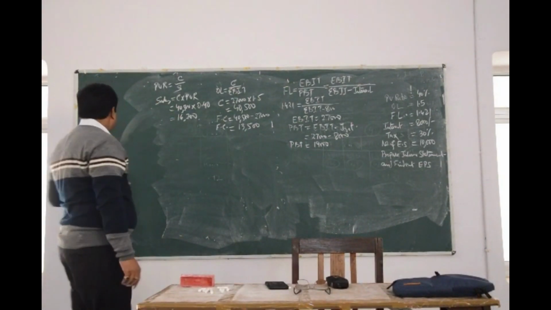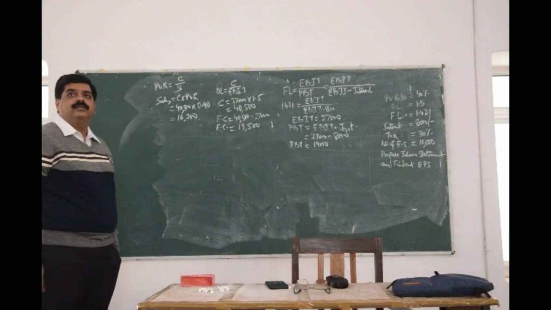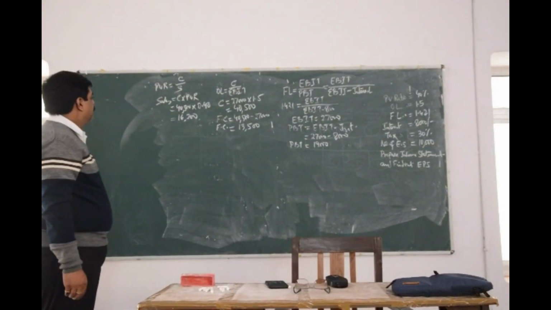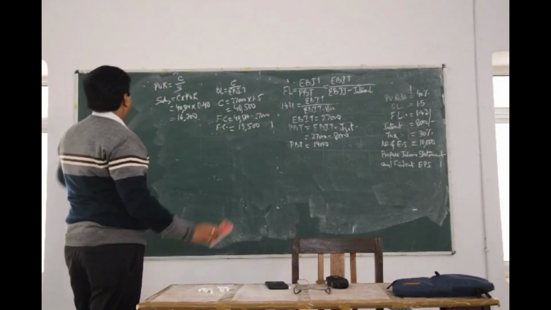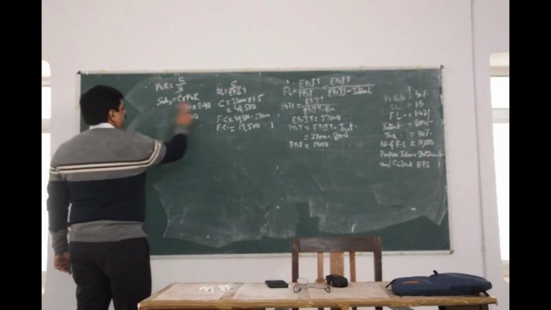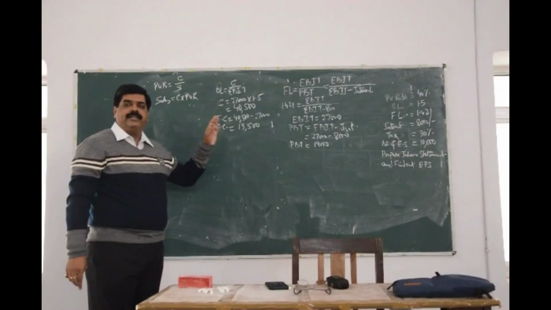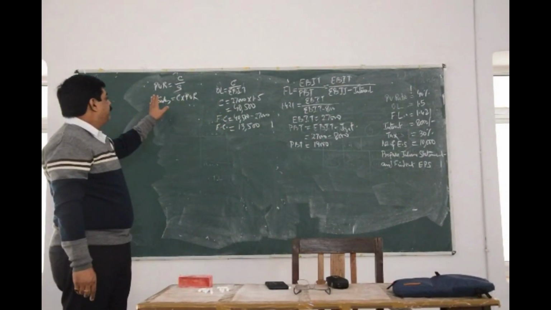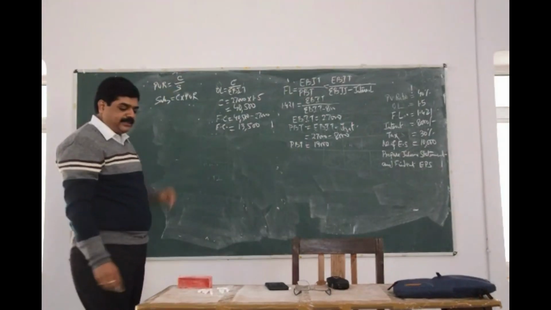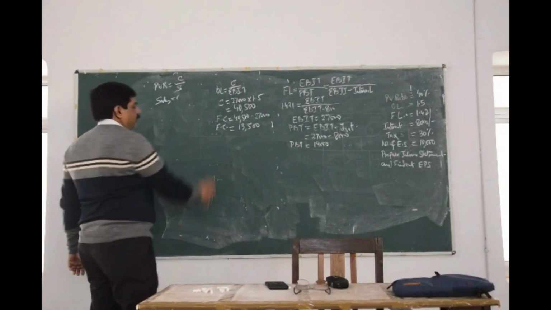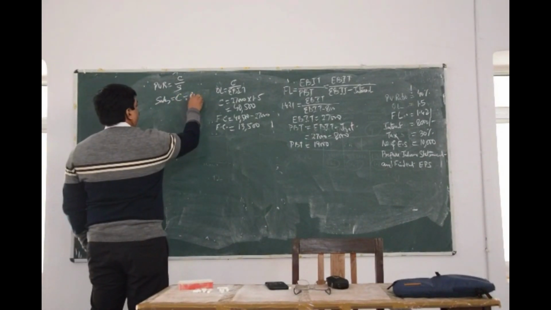Now what is left out? Variable cost is left out. Again we take up that profit volume ratio is contribution upon sales, so sale can be written as contribution divided by PVR.